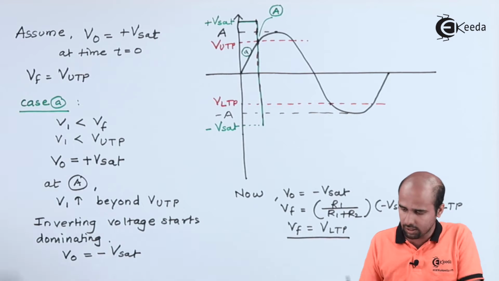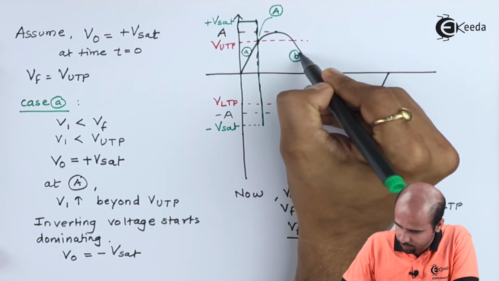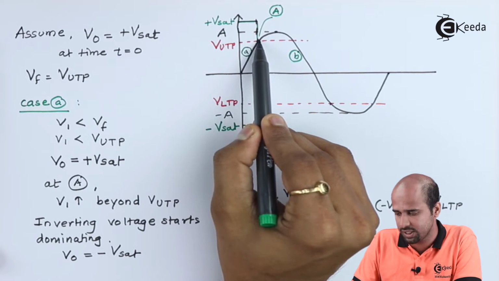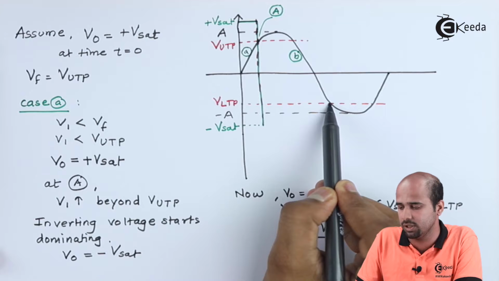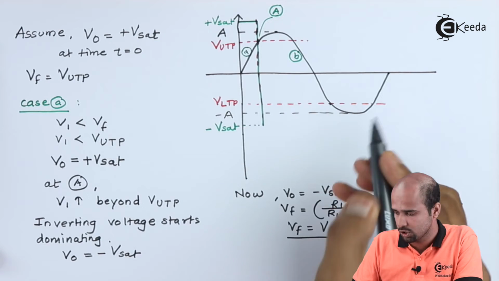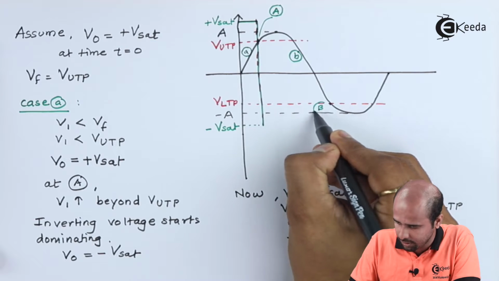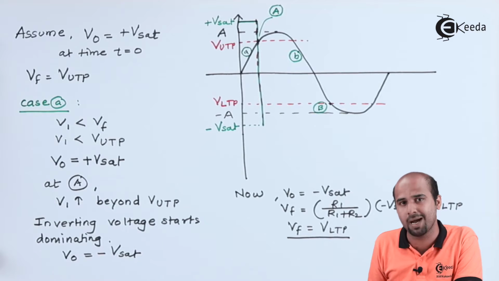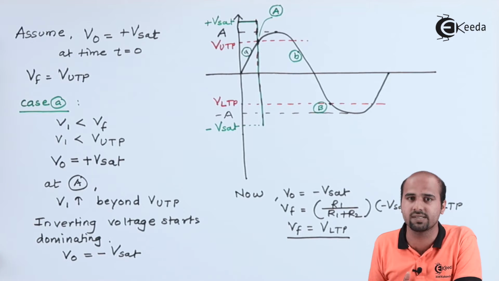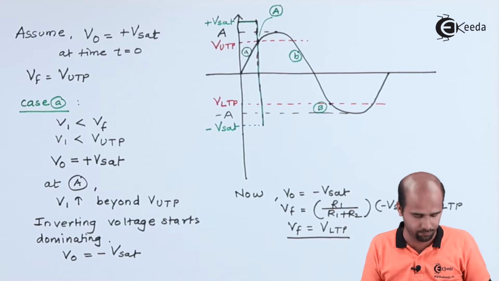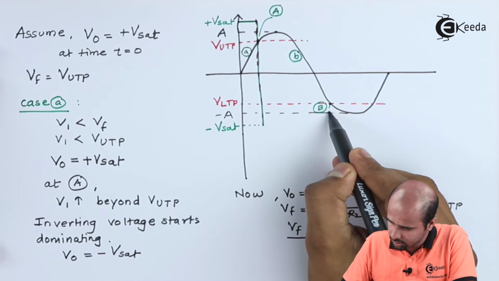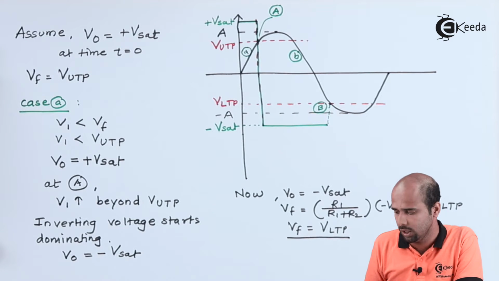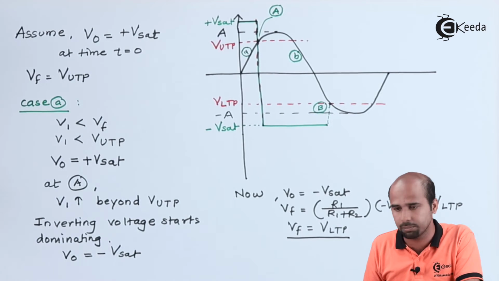Right? Now we will take a region, that is B region, where the value of V1 is greater than VLTP, from point capital A. So from point capital A to capital B, we will be getting the value of output voltage same as the previous one, that is VO is equal to minus Vsat. So we will draw here the value VO is equal to minus Vsat. Clear? Now what happens exactly at point B?